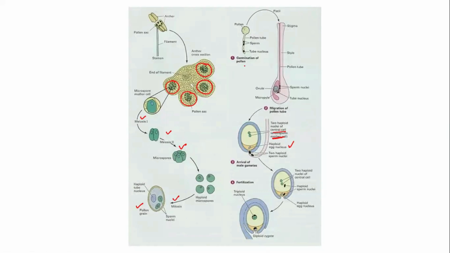First is the germination of pollen, as we discussed in microsporogenesis, and this pollen will be moving to the stigma, then moving down towards the style and reaching the ovule, and there it will be fusing with the egg nucleus, finally forming the diploid zygote.